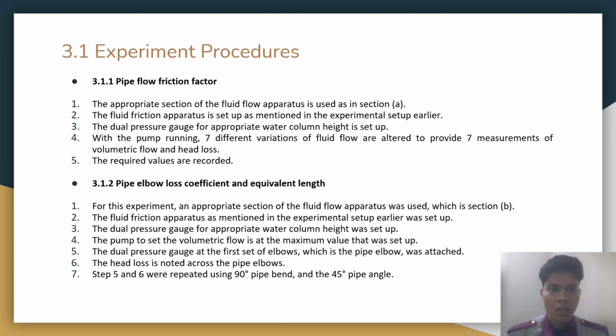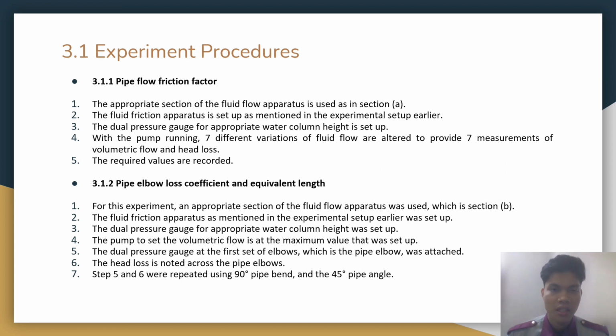Number 1, for this experiment, an appropriate section of the fluid flow apparatus was used, which is section B. 2, the fluid friction apparatus, as mentioned in the experimental setup earlier, was set up. 3, the dual pressure gauge for appropriate water column height was set up. 4, the pump to set the volumetric flow at the maximum value was set up. 5, the dual pressure gauge at the first set of elbows, which is the pipe elbows, was attached.